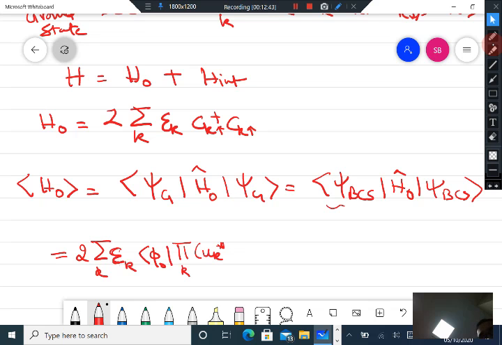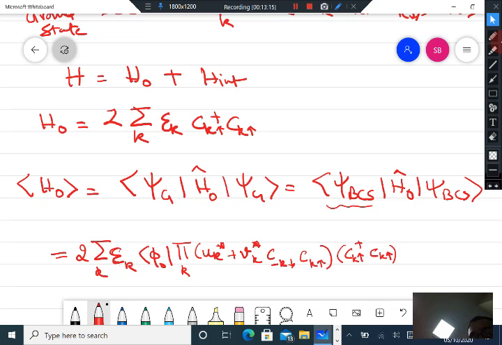First of all, I am taking the complex conjugate of the trial wave function: vk star c minus k up, c minus k down, c plus k up, and you have ck dagger ck.